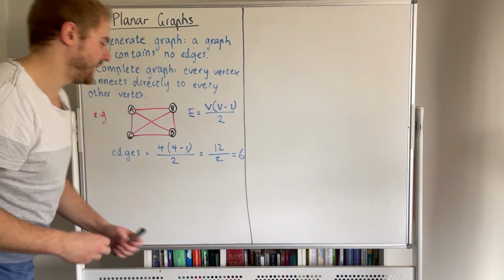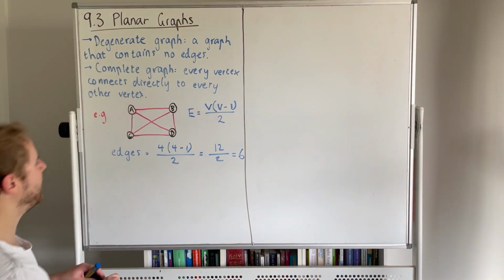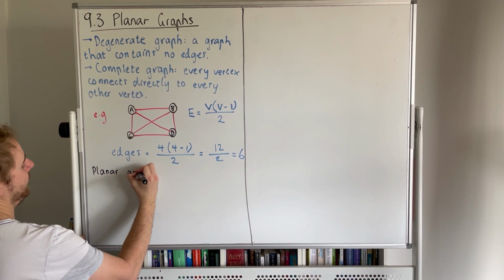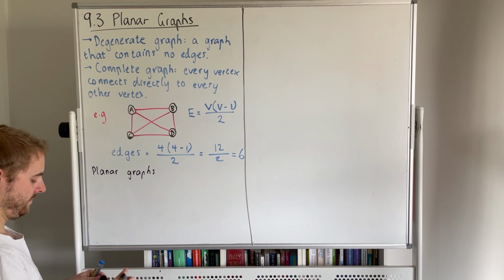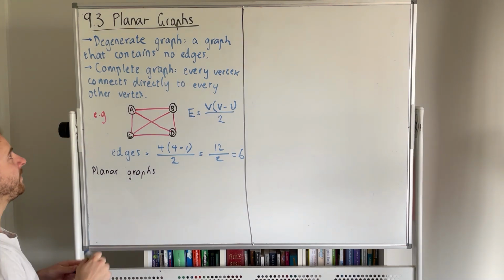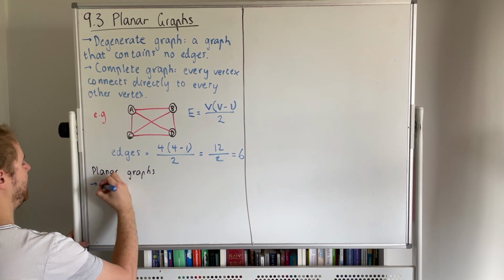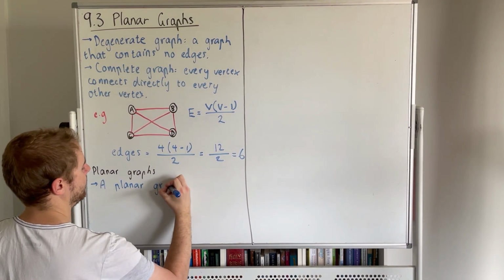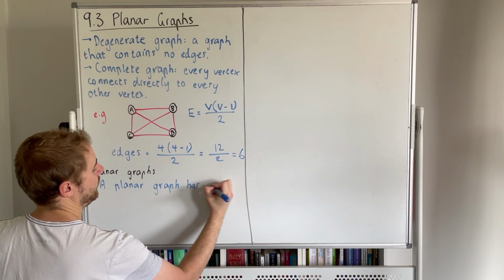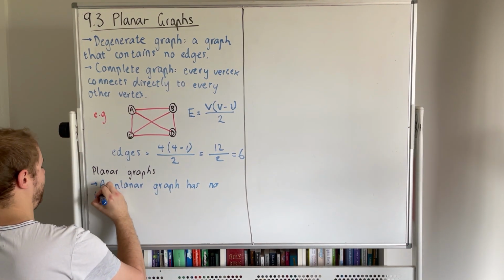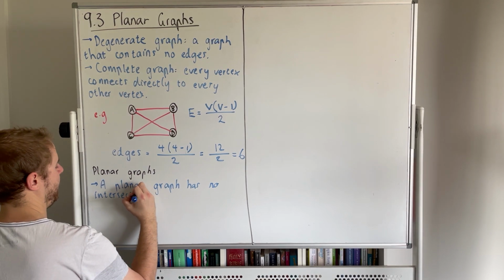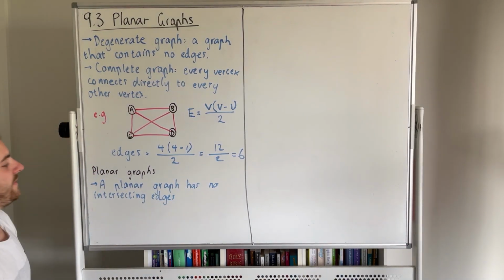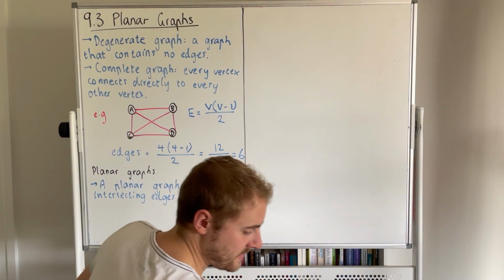So that brings us to planar graphs. A planar graph has no intersecting edges.